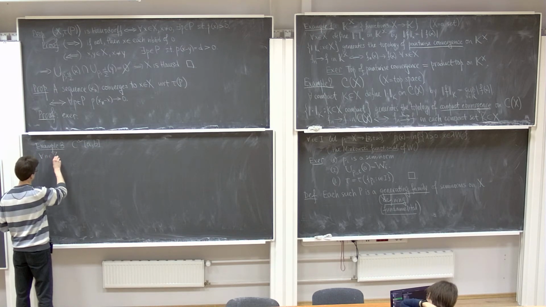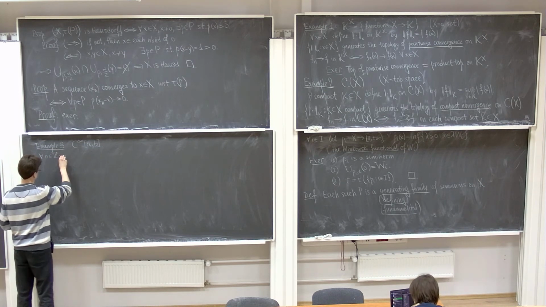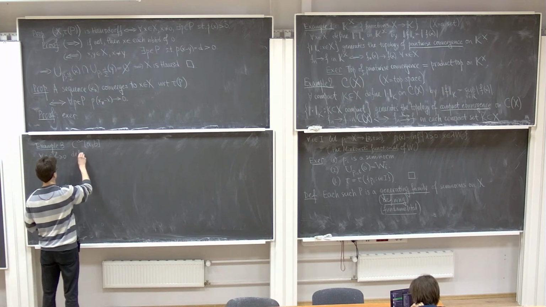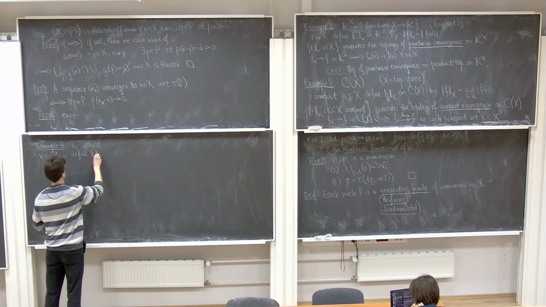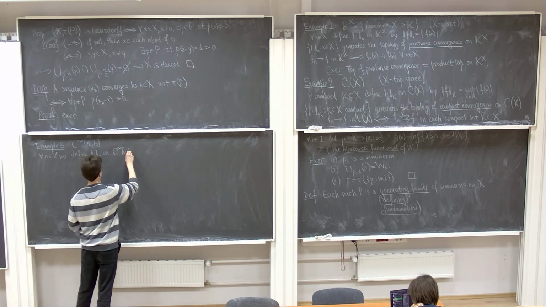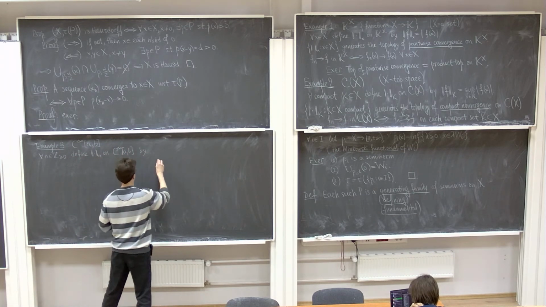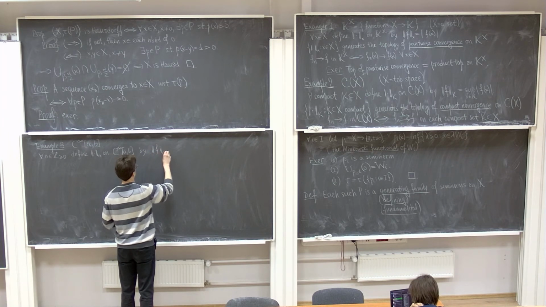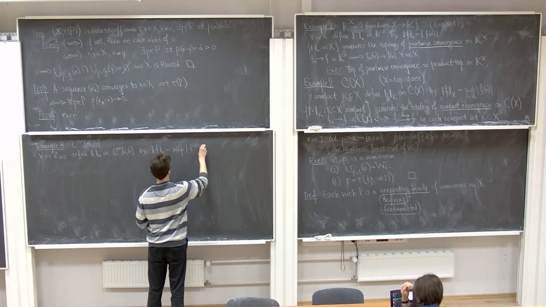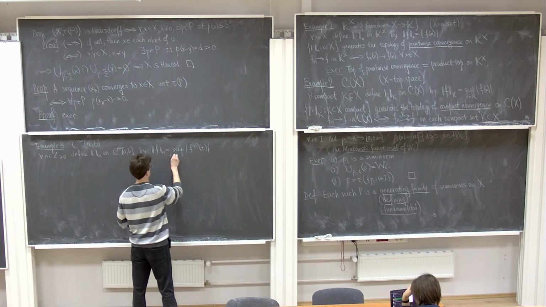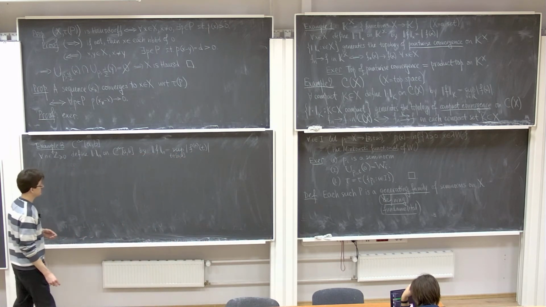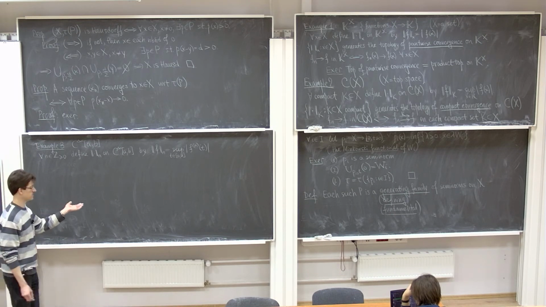For each non-negative integer n, including 0, we define a seminorm on our space as follows. This will be the supremum of the nth derivative over the interval.